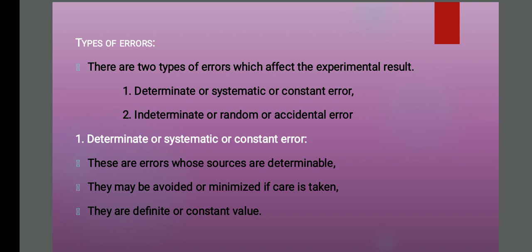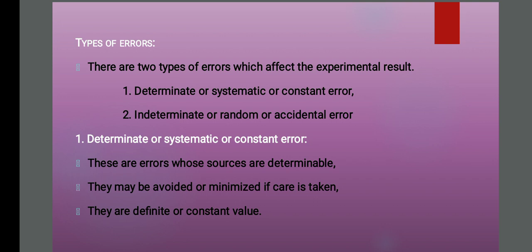First we can see what determinate error is. By determinate error I mean an error whose source can be determined. The source of this type of error can be determined, and such errors can be avoided if we take proper care.